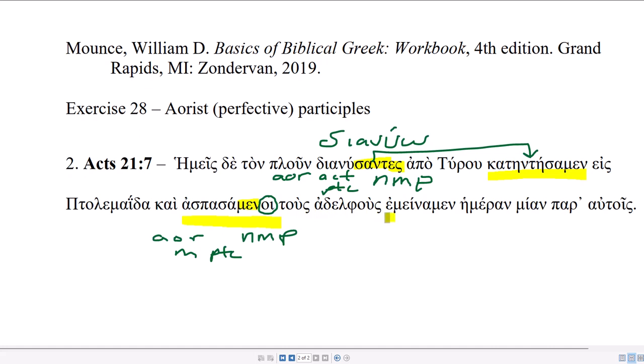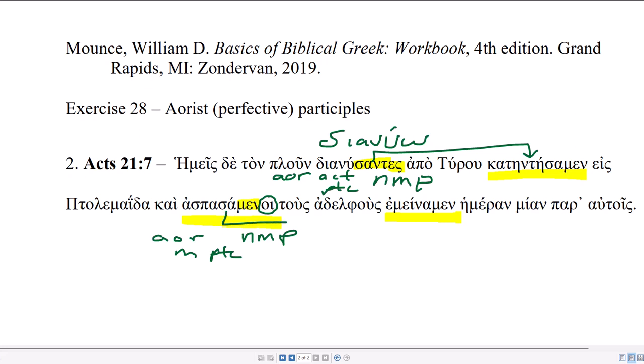And then we have another finite verb here, and this is another aorist active indicative, first plural from meno, to abide or to remain. And so this is just going to be we remained or we stayed. And then hemeran, a day, mian, one day, par autois, with them. So we have another adverbial participle.